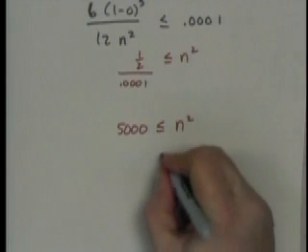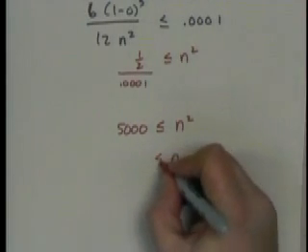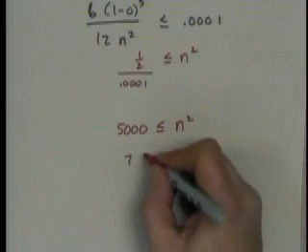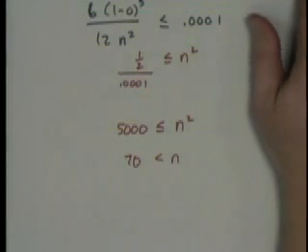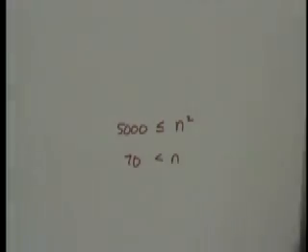So n has to be greater than 70. N is an integer, so a whole number, since it's the number of rectangles we're making.